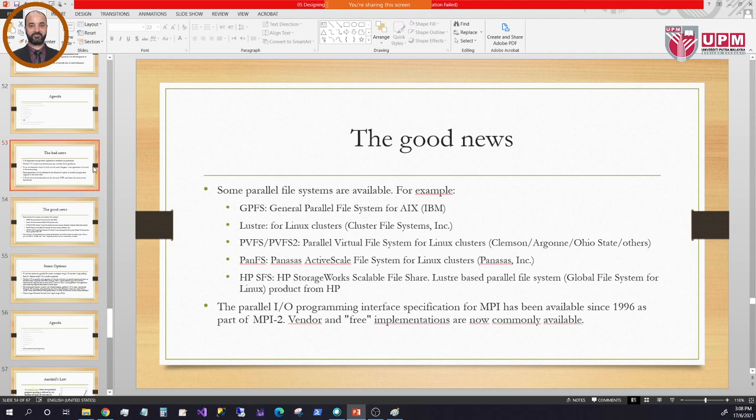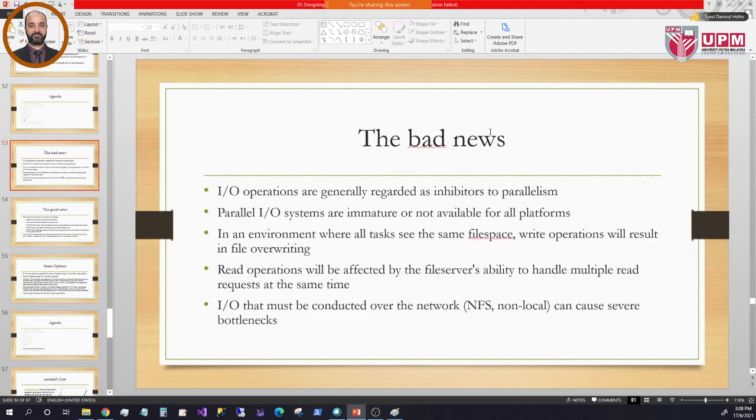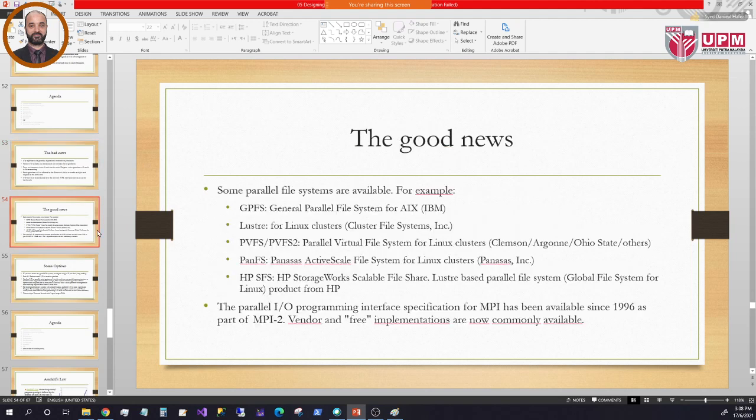Yes. So this is the bad news about I/O. The good news is here. Some parallel file systems are available, for example GPFS, Lustre, PVFS, PVFS2, and so on, and also PanFS, HPSS FS.